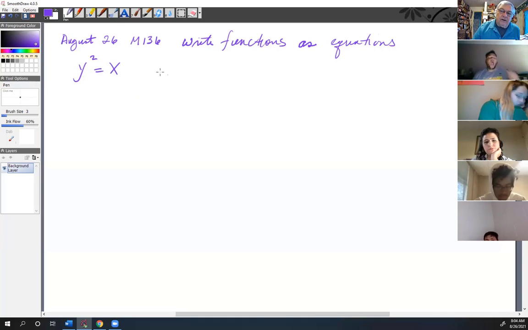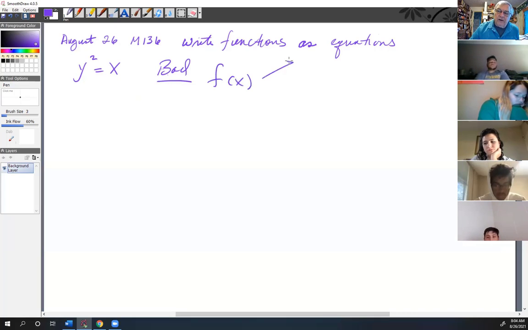And here's the deal. I'll just label it bad. Using function notation, if f maps x onto y1 and onto y2, it's not a function.